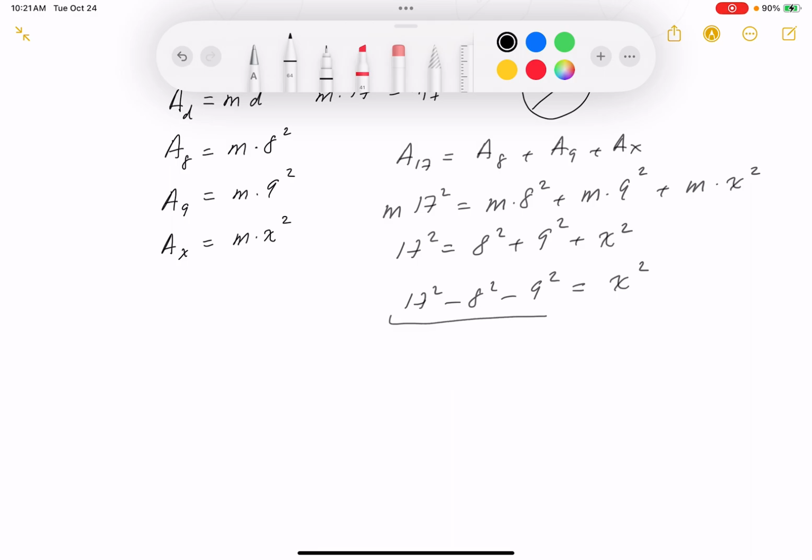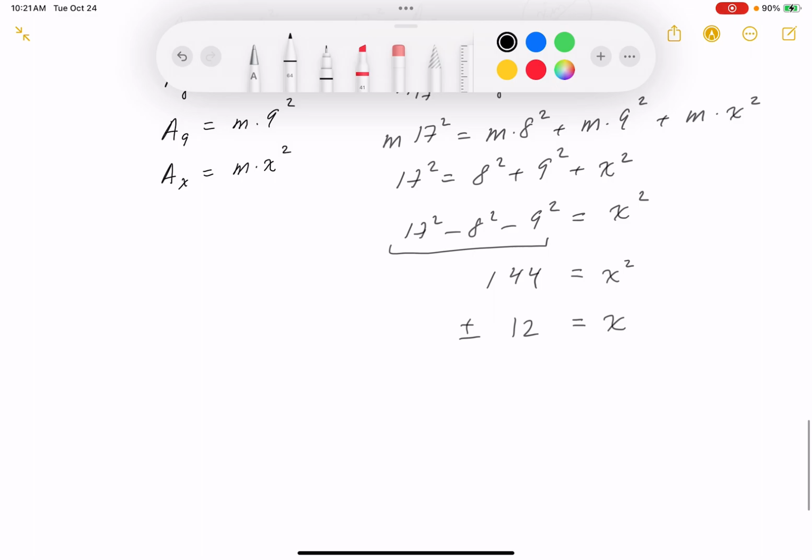And I'm going to leave it as an exercise for you to do the arithmetic over here. And the arithmetic is going to equal 144 if you do it. What do you get over here? X equals plus or minus 12. However, I know it can't be a negative number, so the diameter of that disc is going to be 12. 12 what? 12 inches. And we're done.